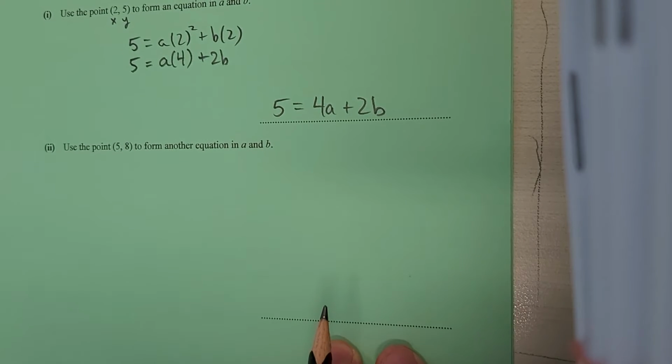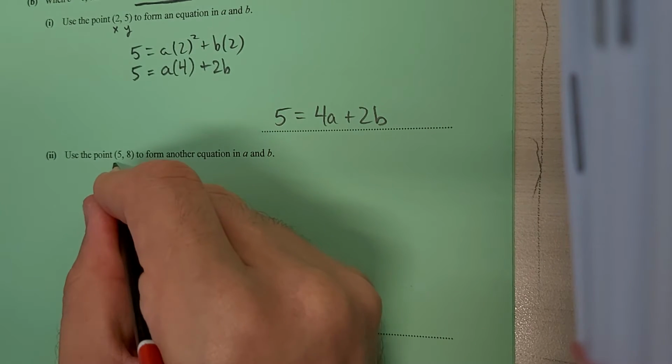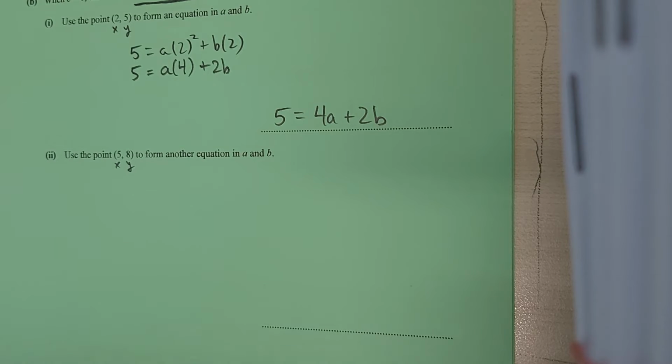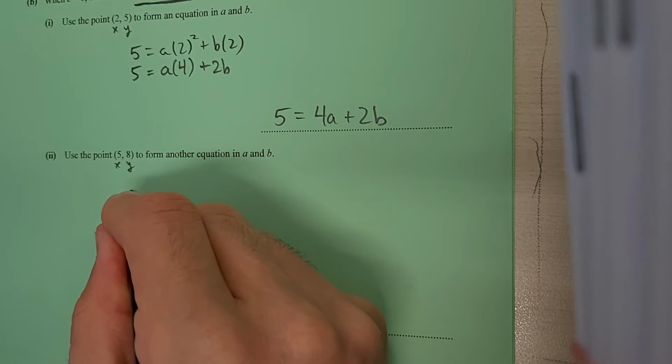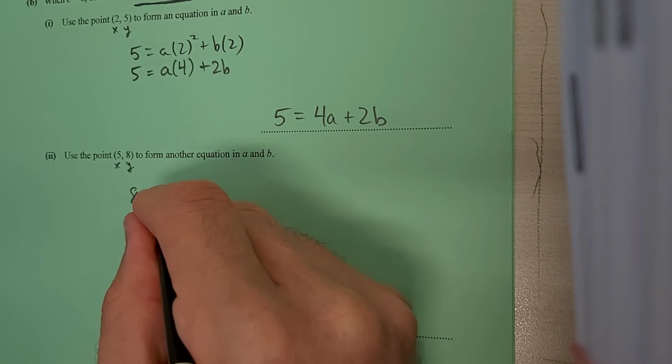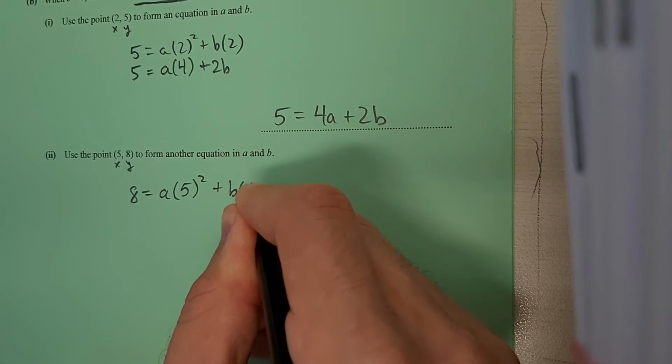The next question says use the point 5, 8 to come up with another equation in a and b. Well, I'm going to do exactly the same thing. This is x and y. 5, 8 is simply one more point in my data set. And so y is 8 equals a times 5 squared plus b times 5.